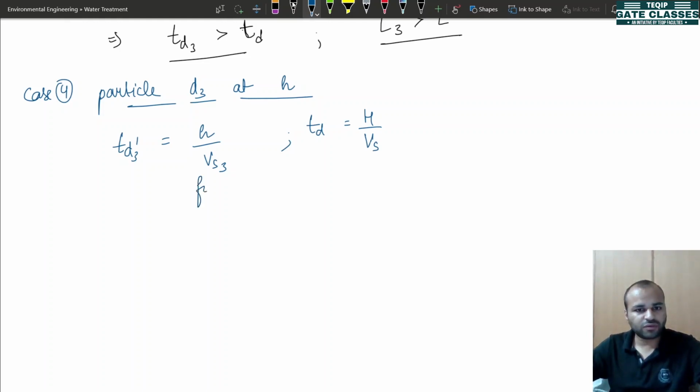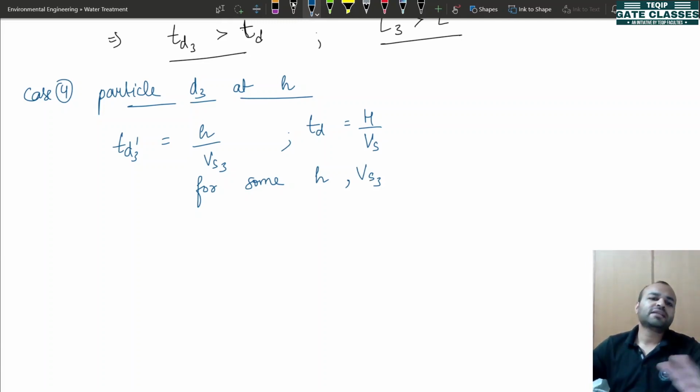Now, for some value of small h and Vs3, let us assume a hypothetical situation where the ratio of small h to Vs3 is equal to H by Vs. What will we conclude through it?